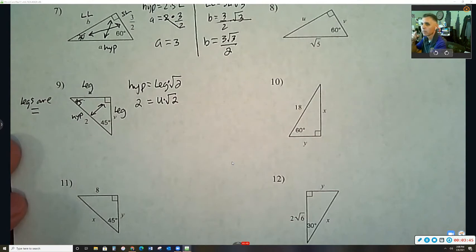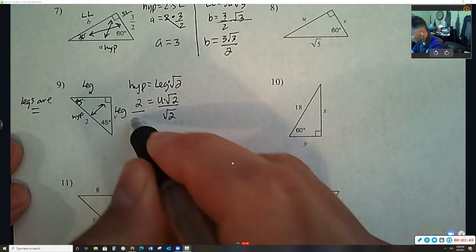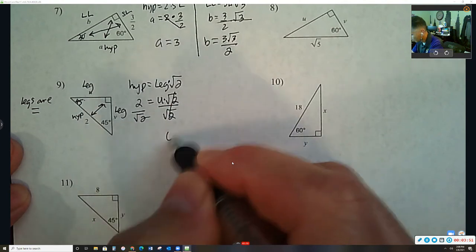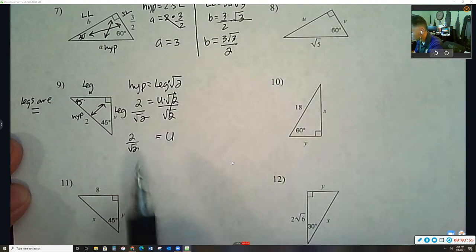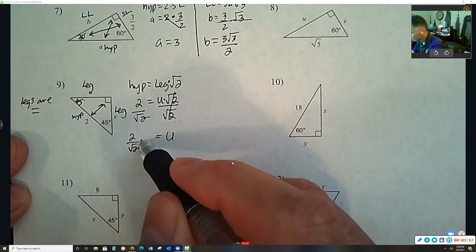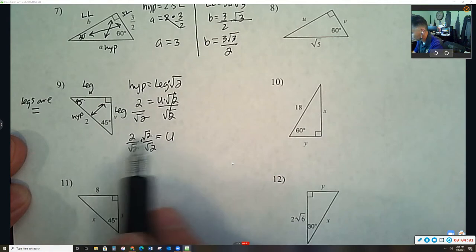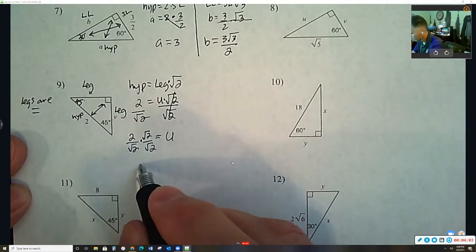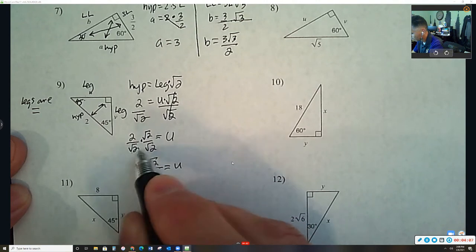So now divide both sides by the square root of 2, that way we have U by itself. And then you have the square root of 2 in the bottom, so I need to multiply the top and the bottom by the square root of 2. On top you have 2 square root of 2, and on the bottom you have 2.